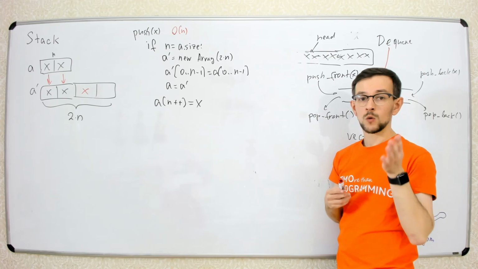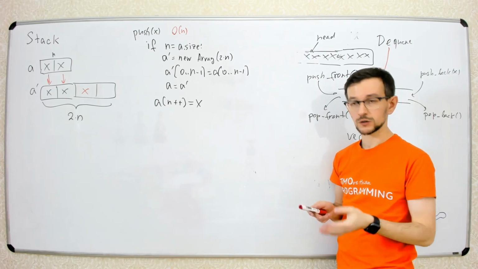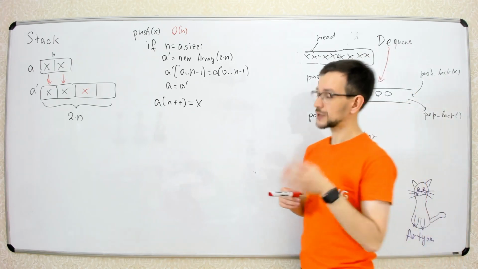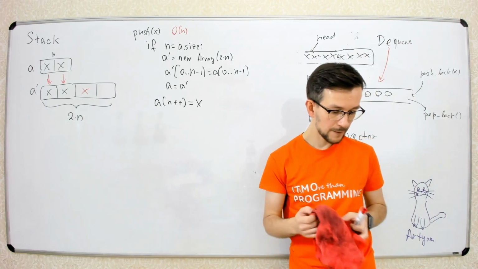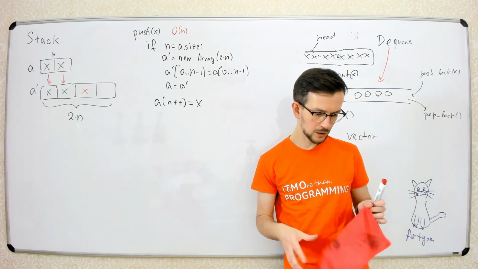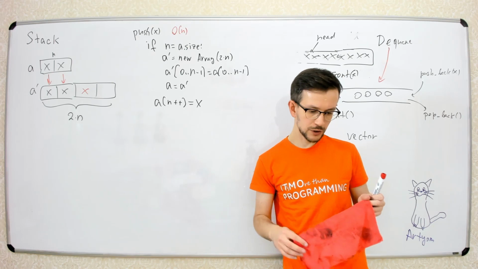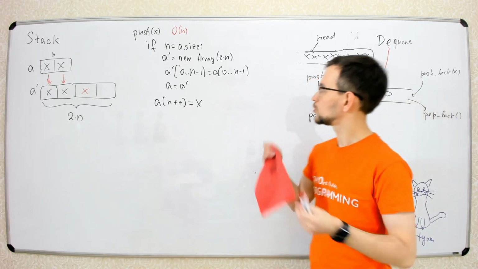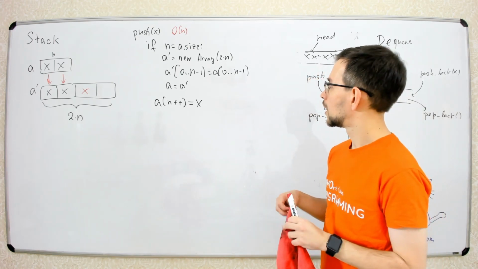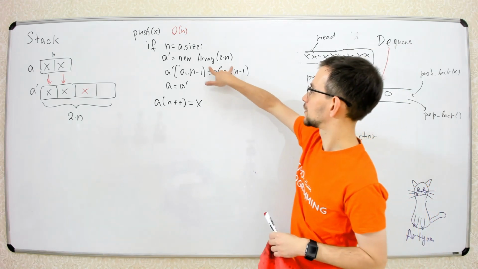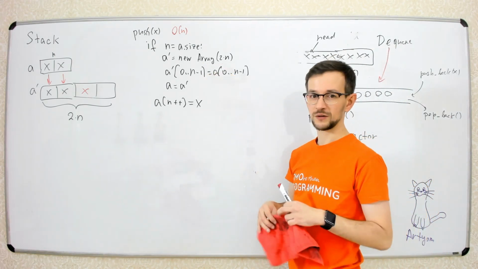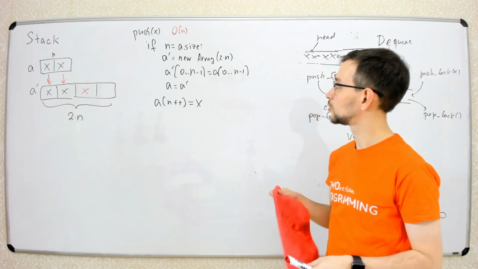Fine. Now, what is the time complexity of this function? In the worst case, again, you need to do it manually. Windows allows you to get this array of size 2n pretty fast, but it will not increase the size automatically.